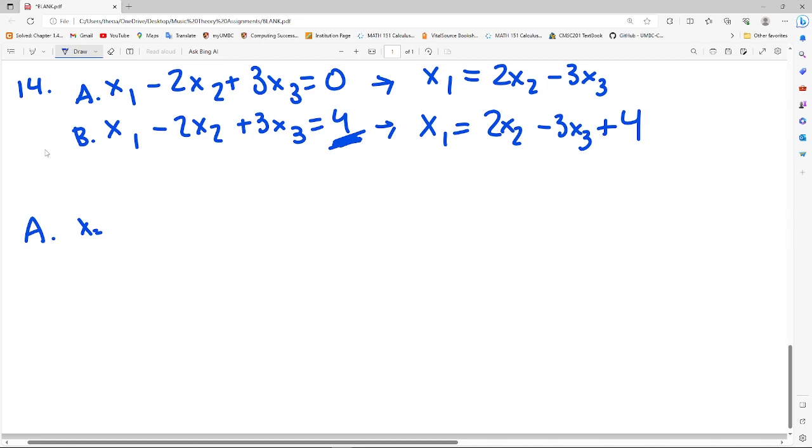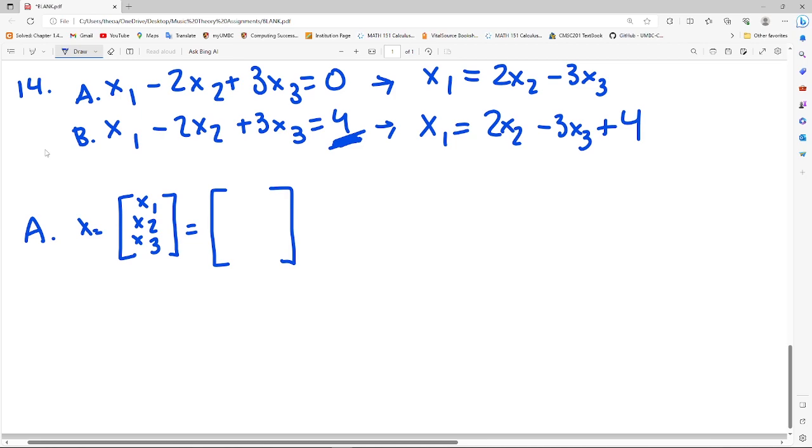So what we're going to do here is we're going to do the same thing we did before. We're going to set up our columns. We're going to set them equal to what we got for our equation before.